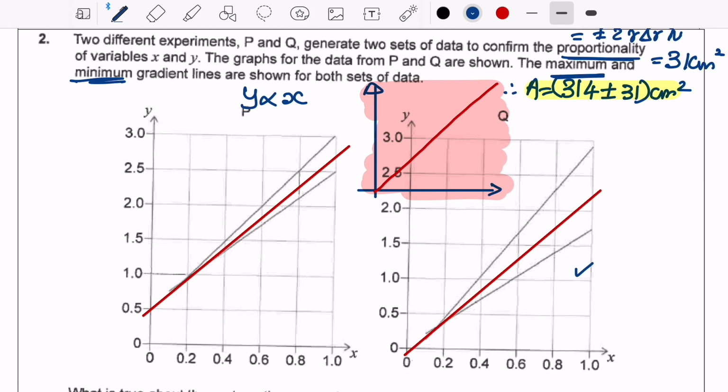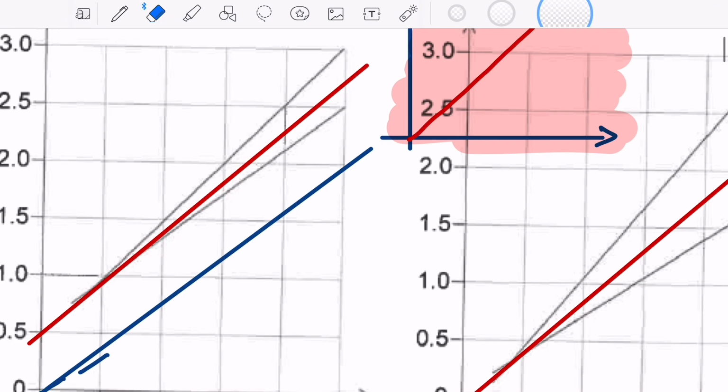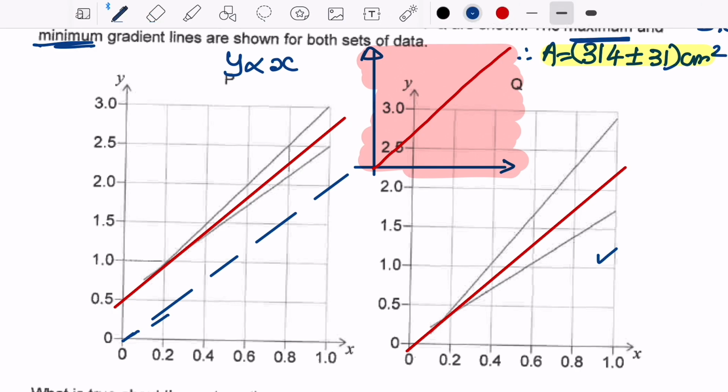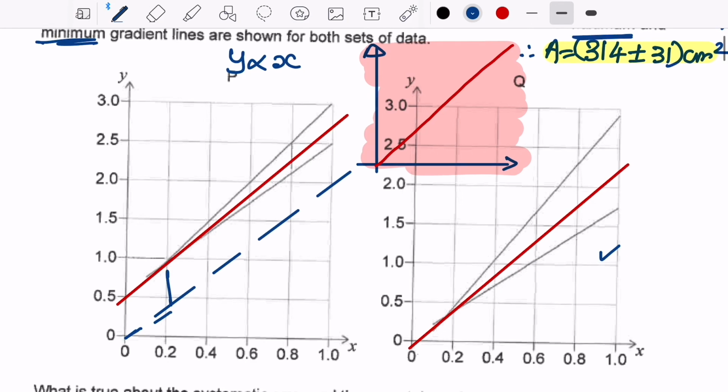What about this one? The graph we expected, hold on, let me draw it better. Okay, very good. Now, the graph we expected is this blue line, but the graph we get is the red line. What does this show? This shows that all the readings have moved by a certain number. Does this ring a bell?